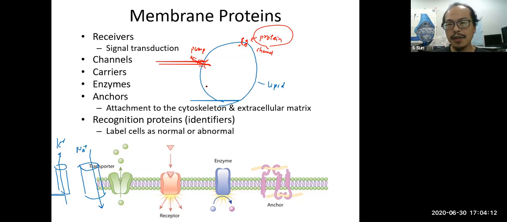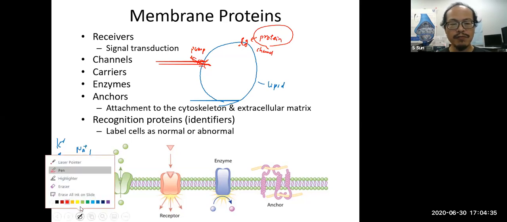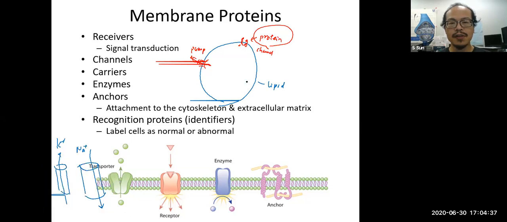Earlier we talked about how we have four different types of organic molecules: lipid, protein, carbohydrate, and nucleic acid. Here we see lipid and protein. Later we'll know that we can also have some carbohydrates. Carbohydrate usually doesn't provide a function. Protein does provide a function. Lipid is kind of like a boundary, a structural basis.